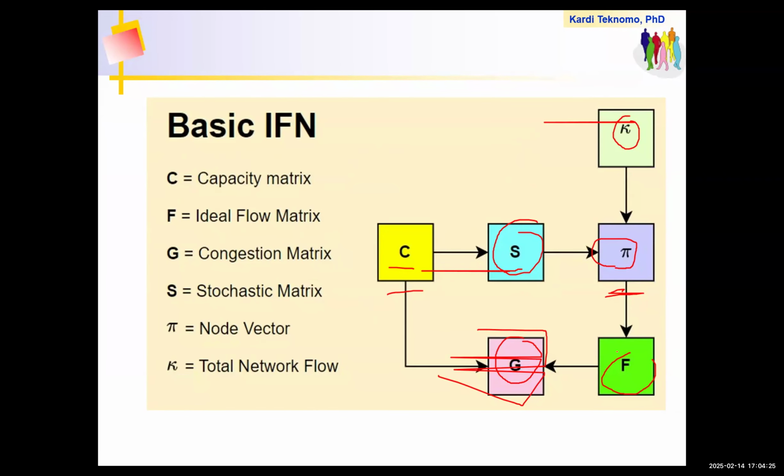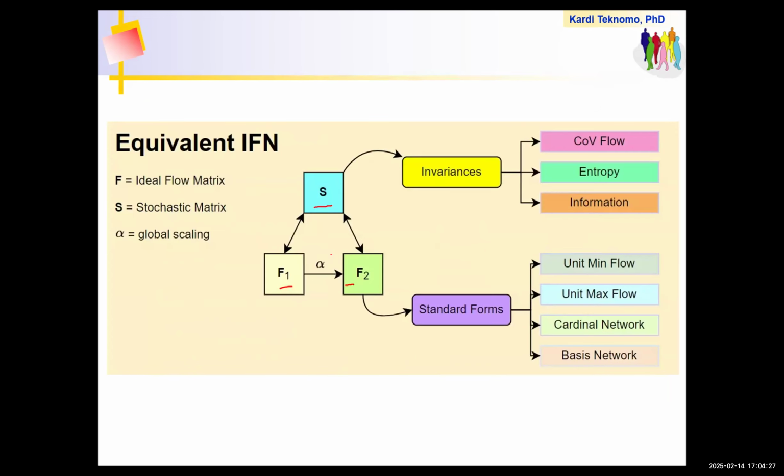Suppose from the same stochastic matrix you have two ideal flow matrices, F1 and F2. They must be equivalent because they have the same stochastic matrix, so they must be scalable by a certain global scaling alpha.